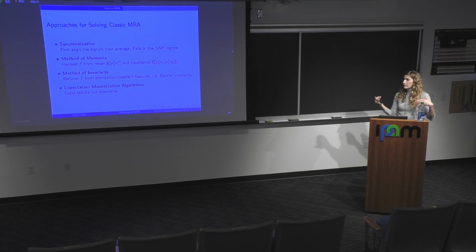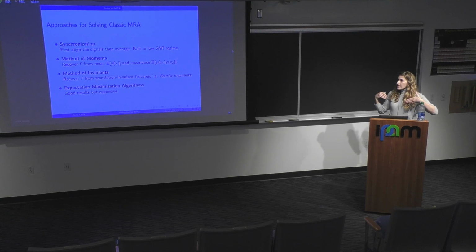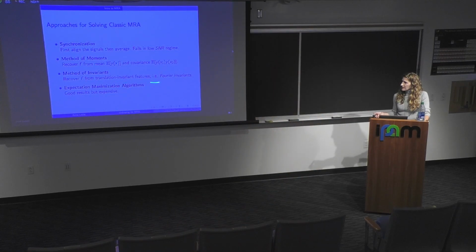A special case of the method of moments is known as the method of invariants, where, more specifically, you're looking at translation invariant features extracted from your noisy data, i.e. Fourier invariants. This third one is what I'll be trying to generalize today. What are some different invariant representations that we can use? How can we use them?